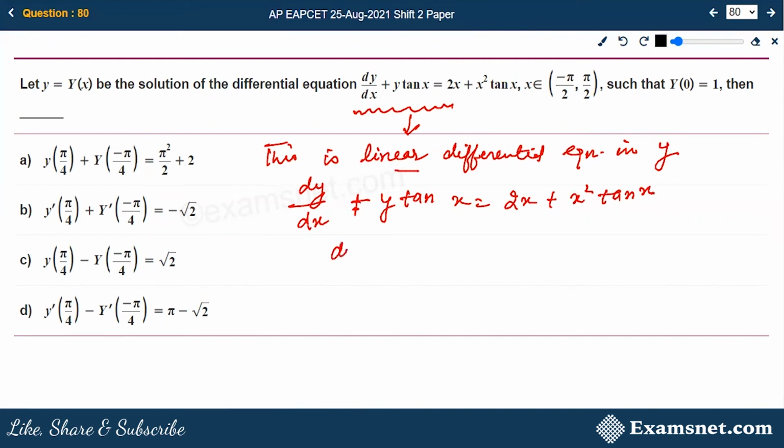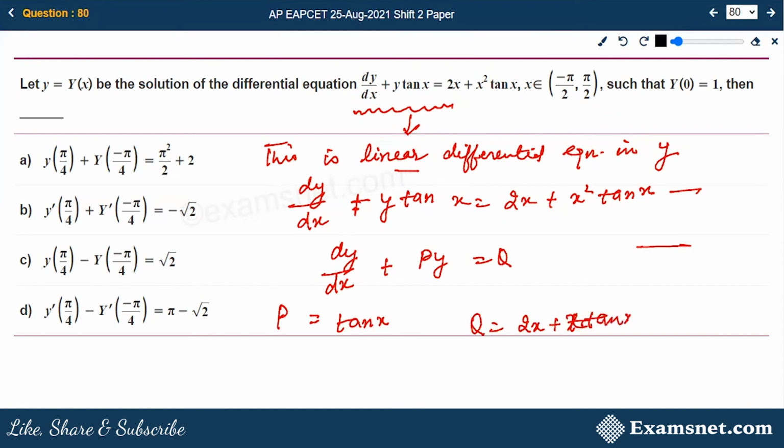It is dy by dx plus Py is equal to Q. So comparing both of them, P is equal to tan x, and Q is equal to 2x plus x square tan x. These are the values of P and Q.